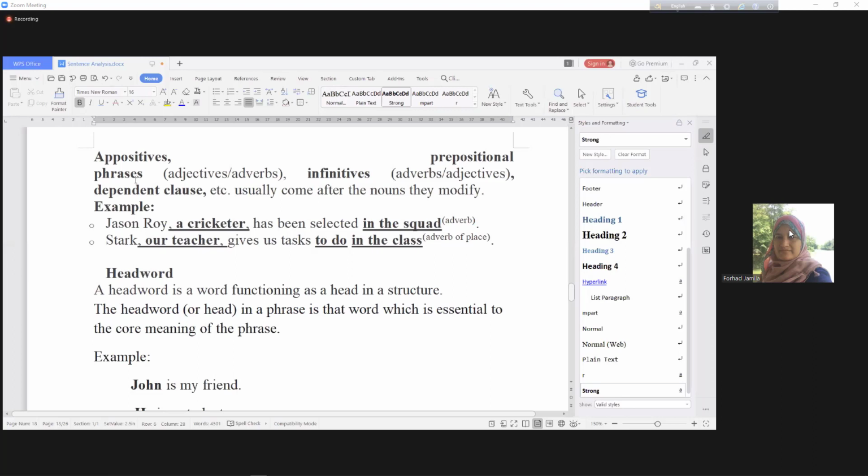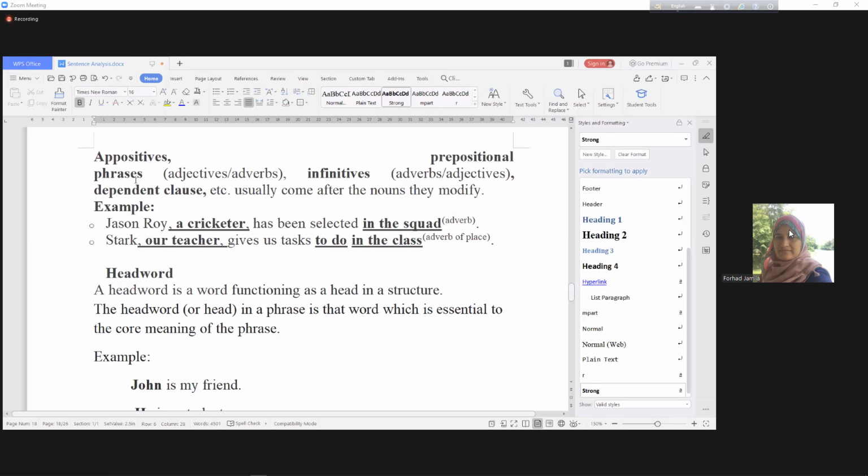So the examples are: Jason Roy, a cricketer. That's the post modifier. Jason Roy, পরে বসছে, has been selected in the squad. So in the squad is another phrase and another modifier, an adverb, and that is also used as a post modifier.